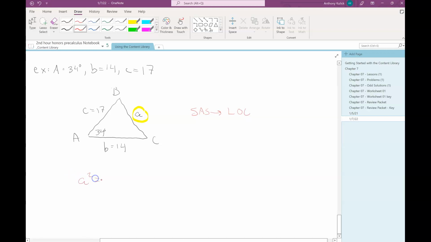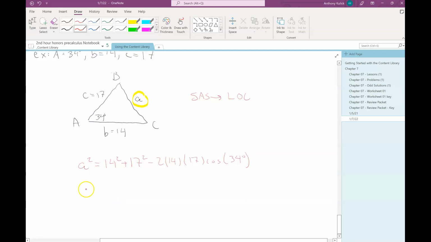So using the law of cosines, I have a squared equals b squared plus c squared minus 2 times b times c times cosine of A. So that's just me filling in the formula. To get the a by itself, I'm just going to square root both sides.